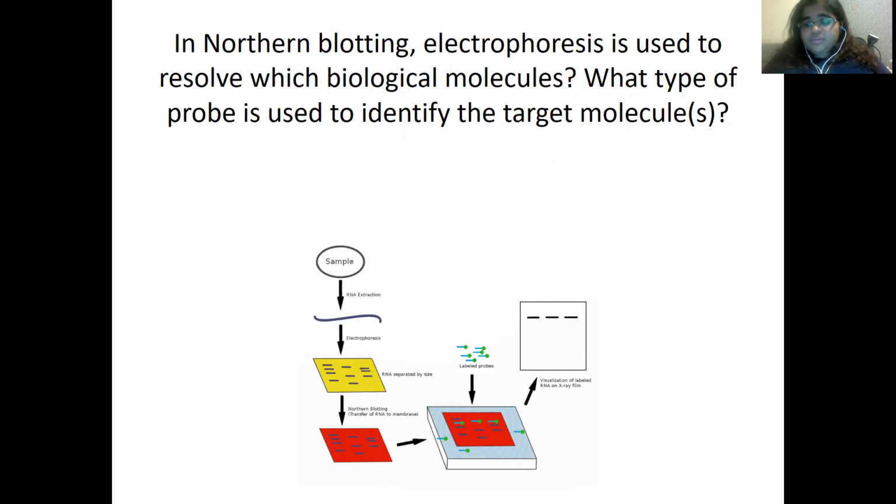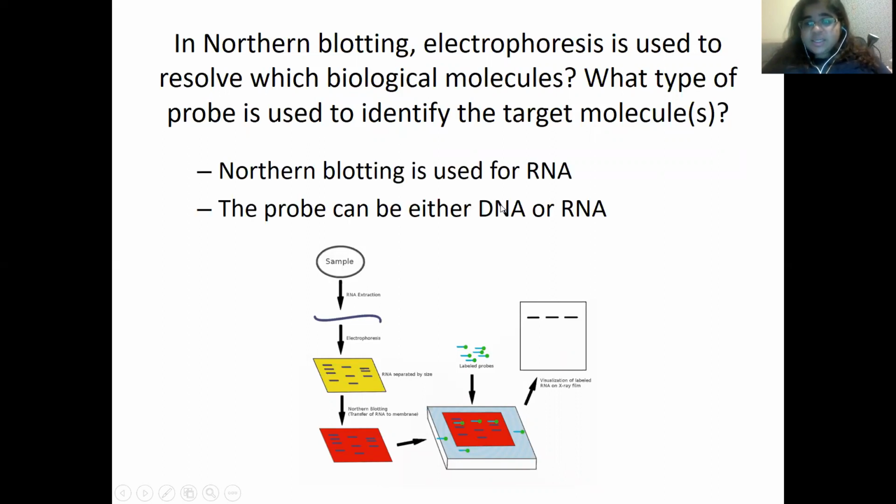This is a schematic of how northern blotting occurs. Essentially, it looks at RNA. The probe can either be DNA or RNA, but it is specifically used to look at RNA molecules, okay?